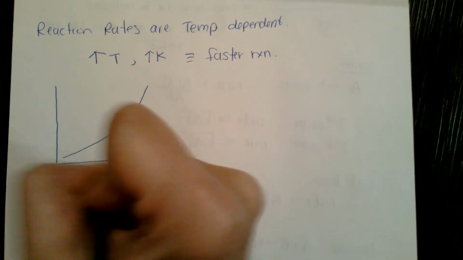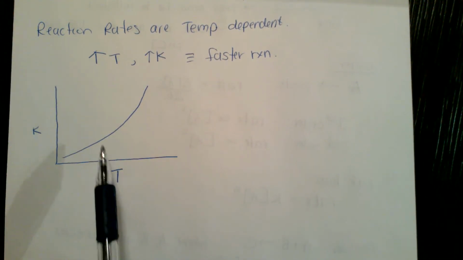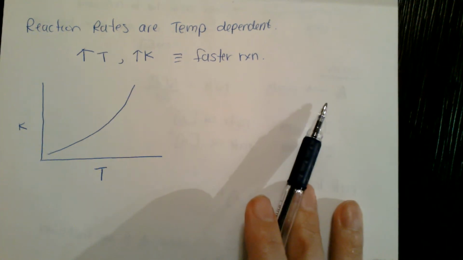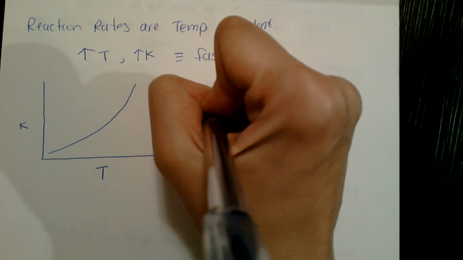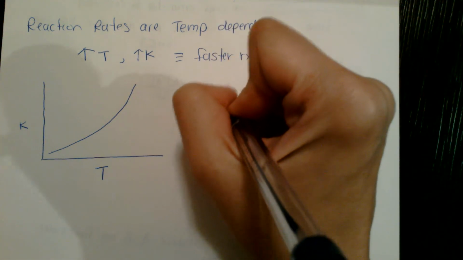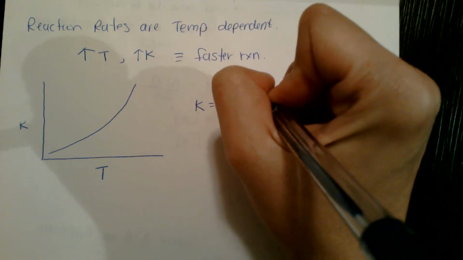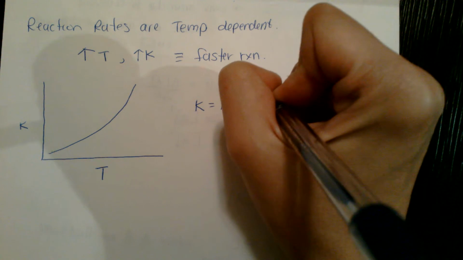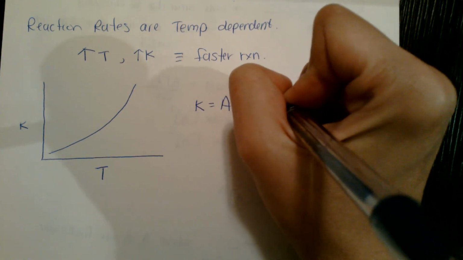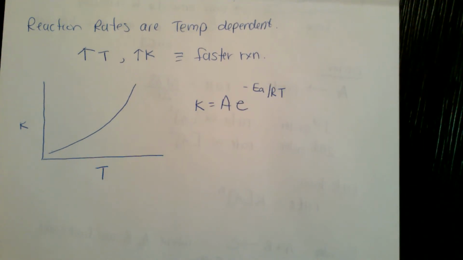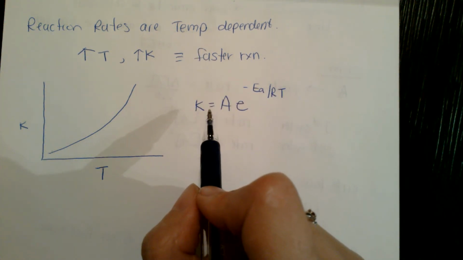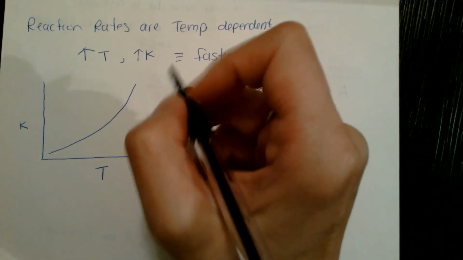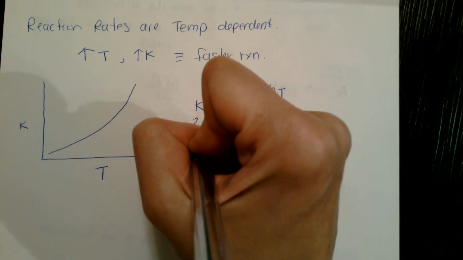If we look at temperature and k, we have an exponential increase in k with temperature, where we can say k is equal to A e to the negative Ea over RT. Okay, so what sorts of things do we have here? k is the rate constant.